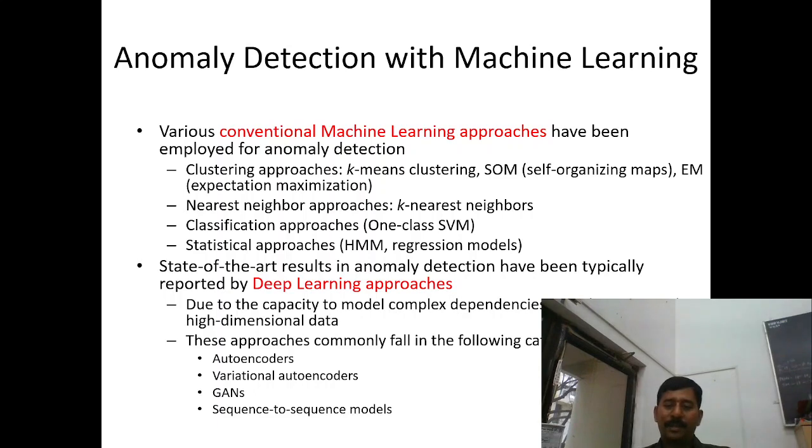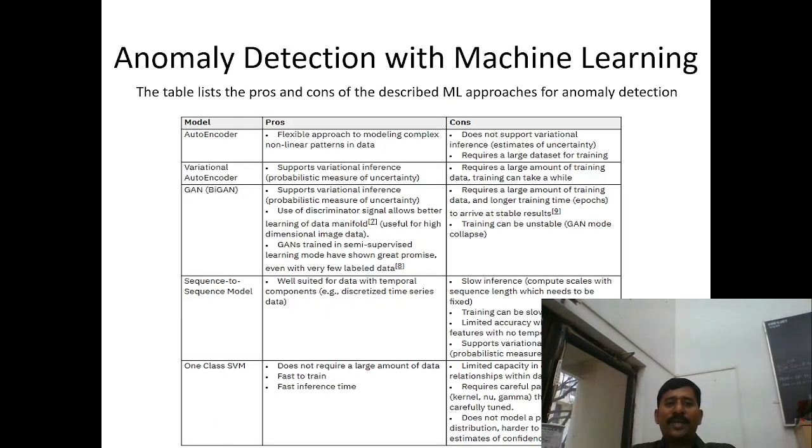Now I need to conclude anomaly detection with machine learning. Each and every model has some advantages as well as disadvantages. The table lists the pros and cons of these machine learning approaches for anomaly detection. Autoencoder: the advantage is a flexible approach to modeling complex nonlinear patterns in data.